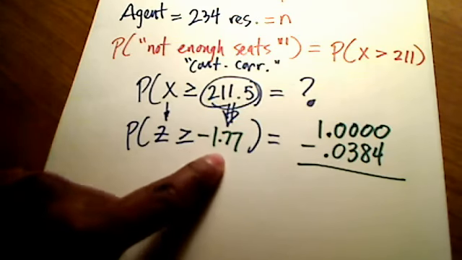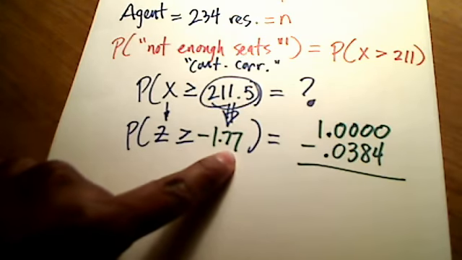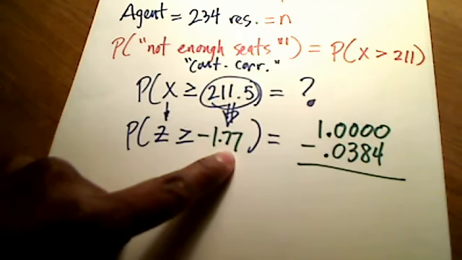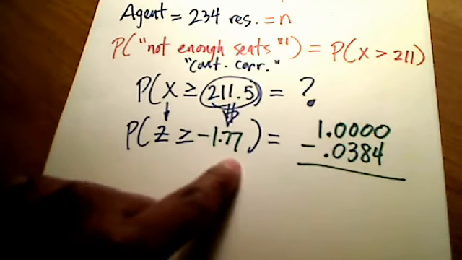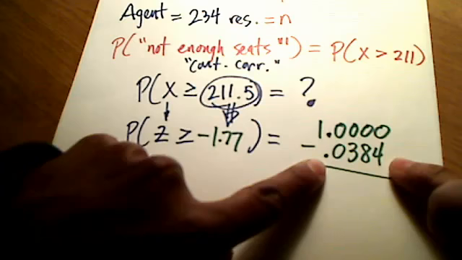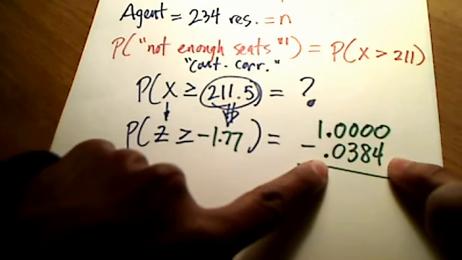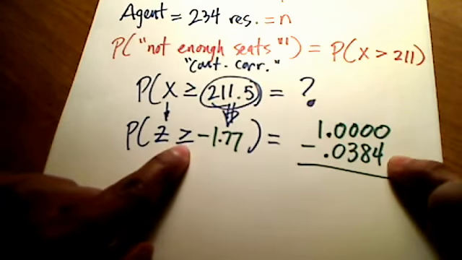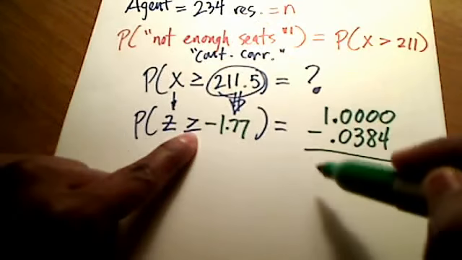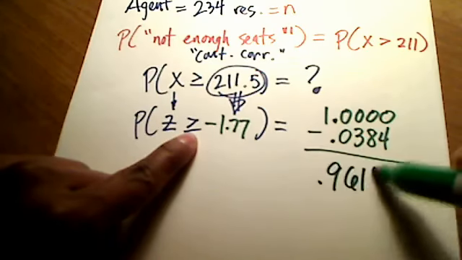When you look up negative 1.77 on the table, at least the one in this Triola book that I'm using, Elementary Stats 11th edition, it assumes that we're shading to the left. So this 0.0384 is shading to the left. I wanted shading to the right, so I've got to take the complement of that, and I get a value of 0.9616.